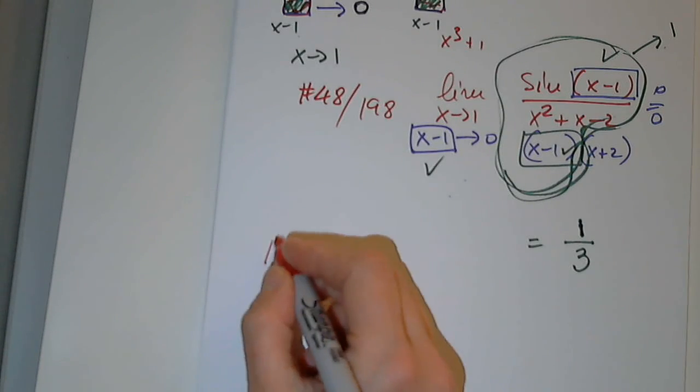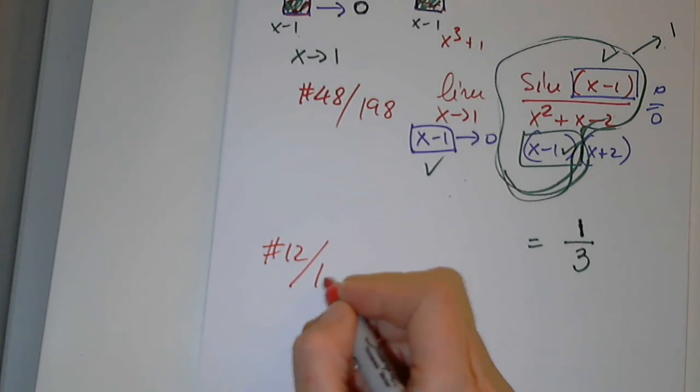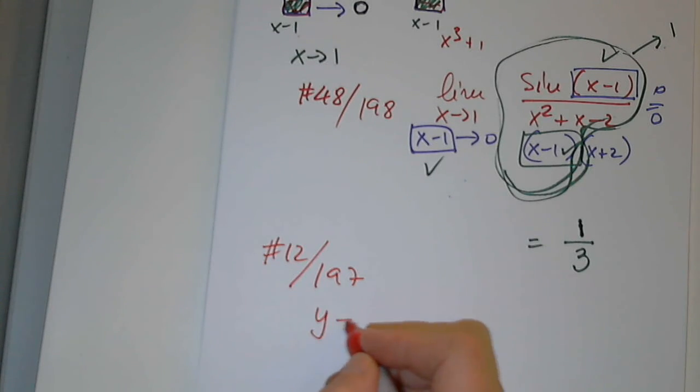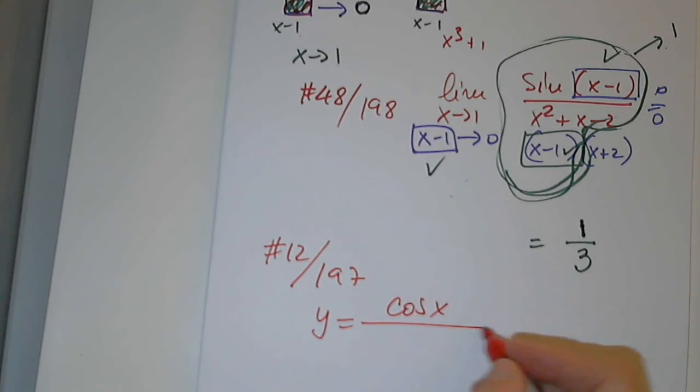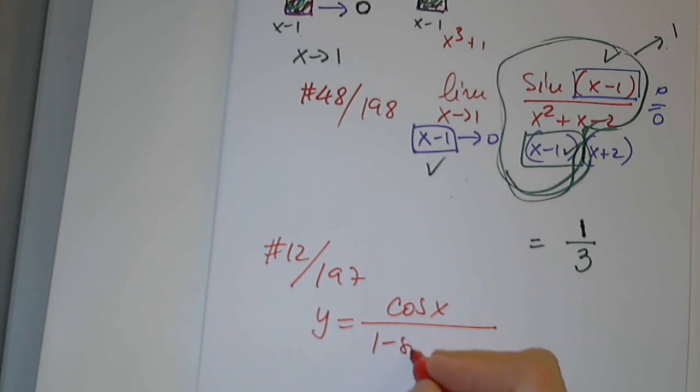Quotient, number 12, on page 197. So we have y equals cosine x over 1 minus sine x. I promise to stop after this.